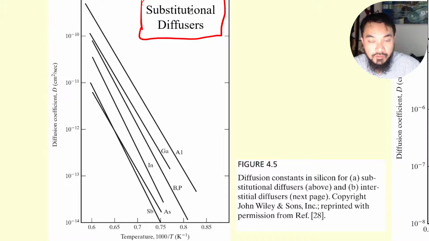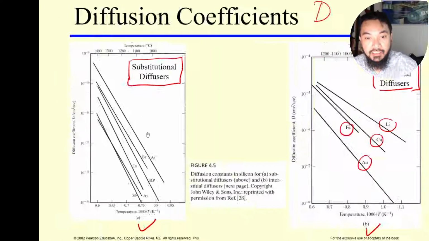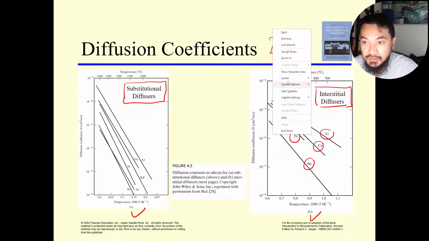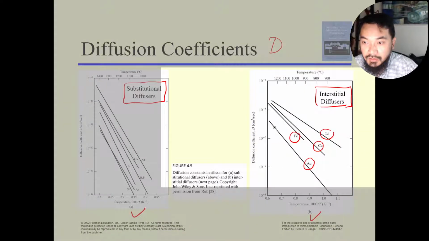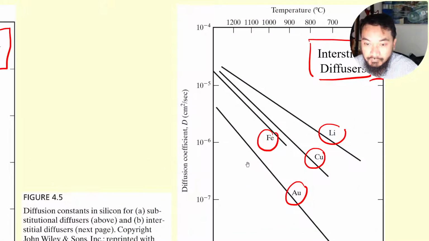As you can see, for substitutional diffusion, the diffusion coefficient is reasonably low, around 10 to the minus 11. In contrast, if you look at interstitial diffusion, the value is much higher, 10 to the minus 6.